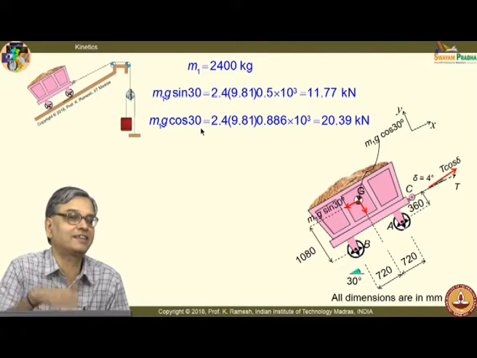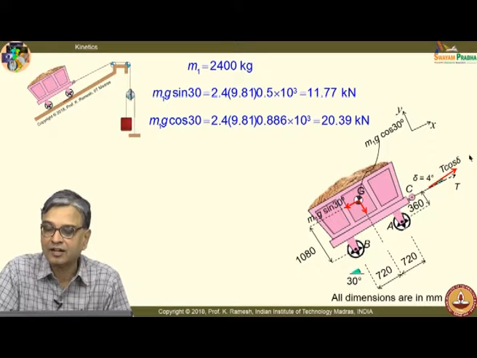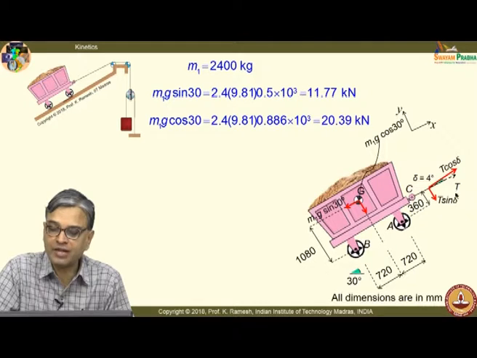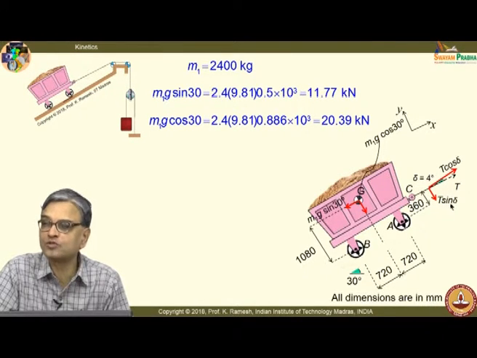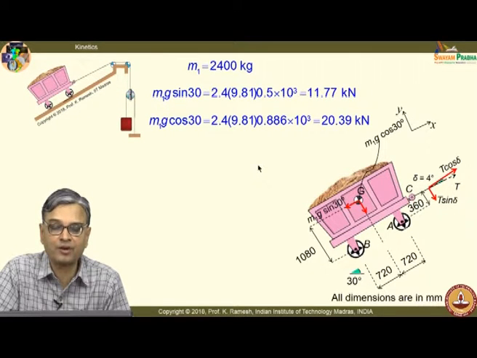So, I will neglect the sin component. I have the component T cos delta as the force acting there, and I also have T sin delta, but sin 4 is so small that I can make this 0 for all practical analysis.